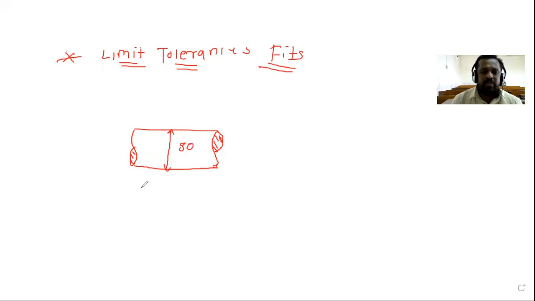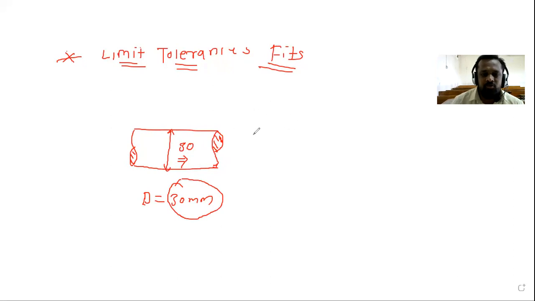Now we have to produce that shaft. What is the diameter of that shaft? The diameter of that shaft is 30. Then please tell me, is it possible to manufacture an exact 30 mm diameter shaft? It is possible.